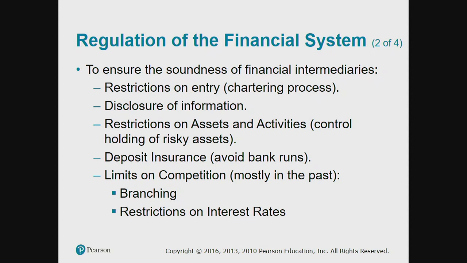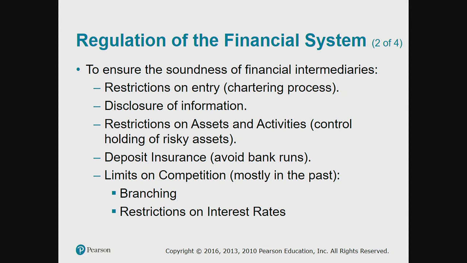They have restrictions on assets and activities, like I mentioned with hedge funds. I know I don't have enough assets on hand to be able to invest in a hedge fund. There's deposit insurance, so the FDIC, the Federal Deposit Insurance Corporation, insures bank accounts up to, I think it's over $200,000 now.